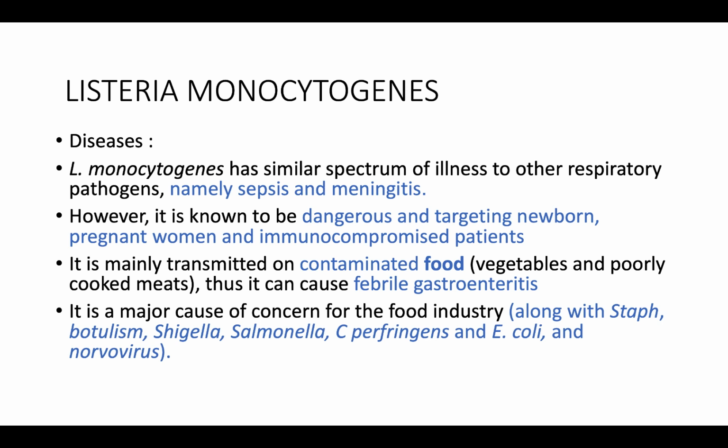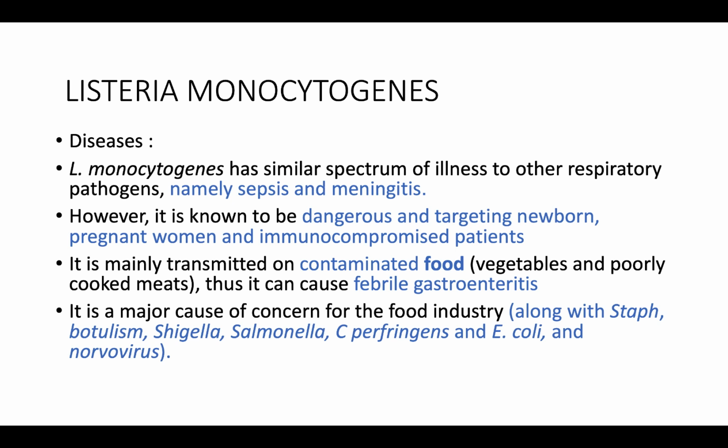So it is mainly transmitted by, what is the transmission here? Contaminated food: vegetables, poorly cooked meat, and more so dairy products, non-pasteurized dairy products. It can cause febrile gastroenteritis. That's the majority of cases; most will have this febrile gastroenteritis, and then that's it.